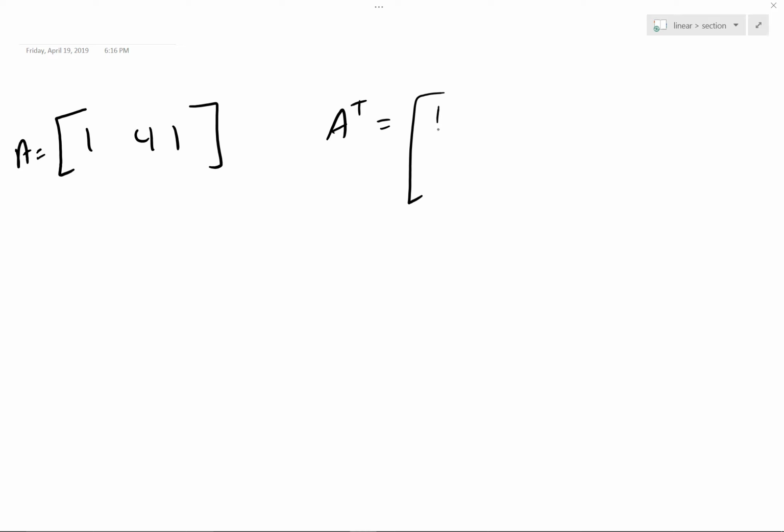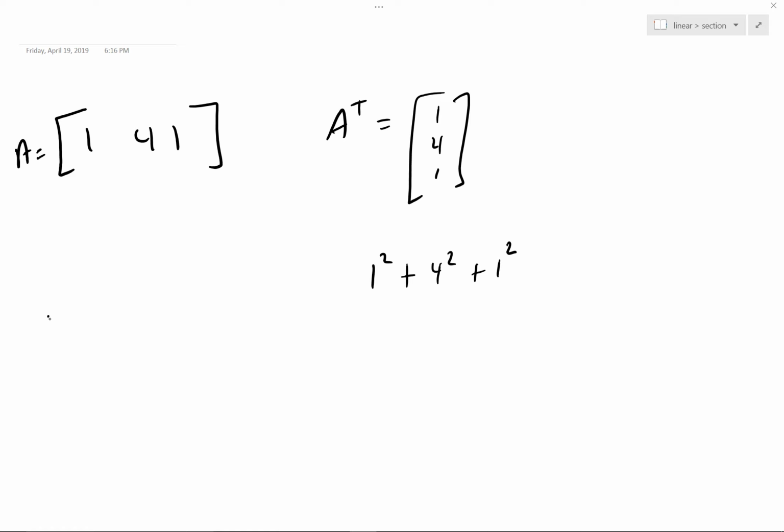Well, it would look like 1, 4, 1. Hey, can we multiply those? Of course you can. You can get 1 squared plus 4 squared plus 1 squared. What would you end up with? In essence, that would be the magnitude of that vector, yes? Or if you prefer, the sum of the squares of that vector, right?